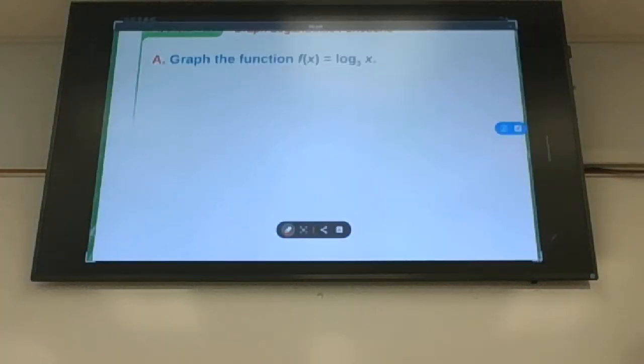All right, there's more than one great way to make a table for a log function. One way is to consider beginning with y values instead of x, and also consider the exponential form.